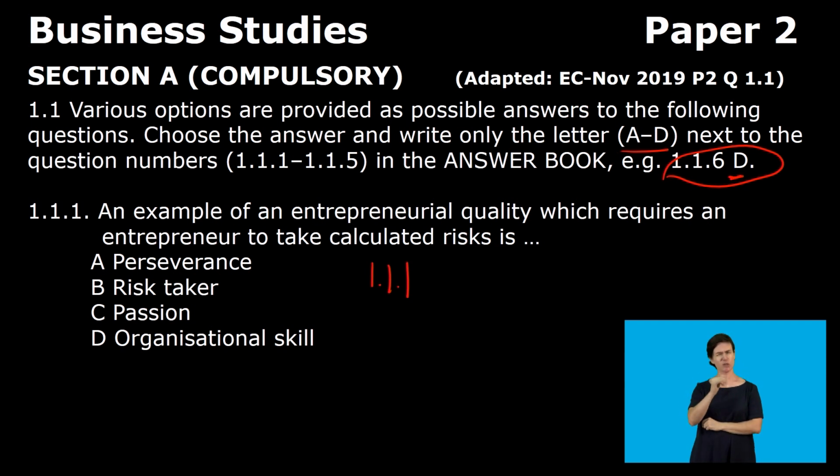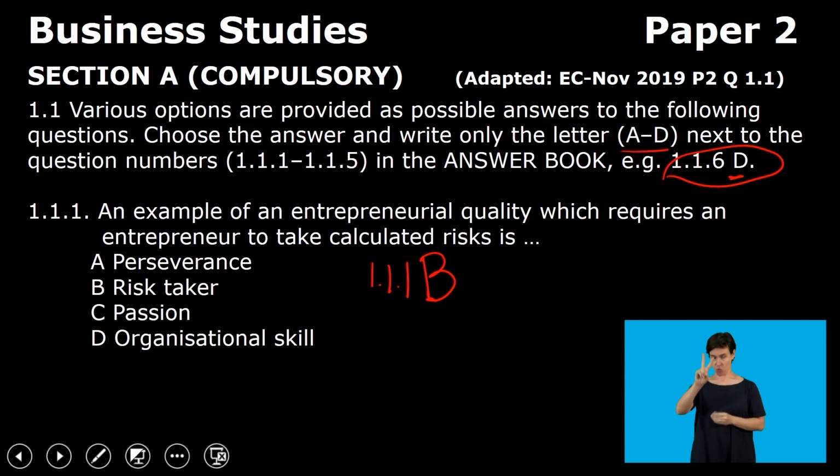I'm giving you only a few seconds to think. An example of this which requires an entrepreneur to take calculated risk. I'm sure you've got the answer. Yes. The correct answer is B. I hope you have the answer as B as well. And then don't forget, this is double ticks. It's 2 marks for this.